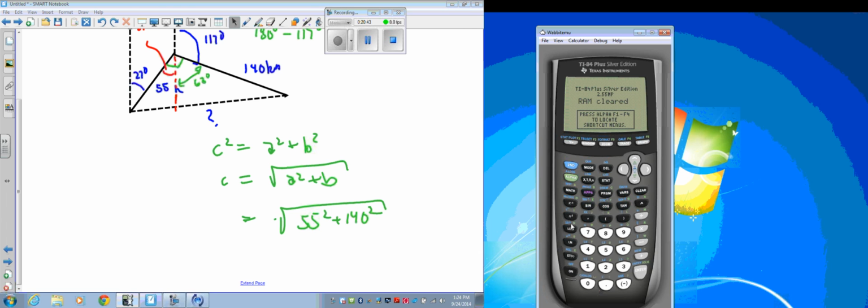So I'm going to go second, square root, 55 squared plus, that was 140, right? And that's 150.4.